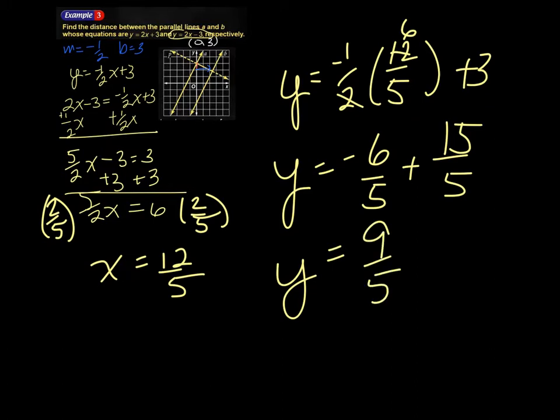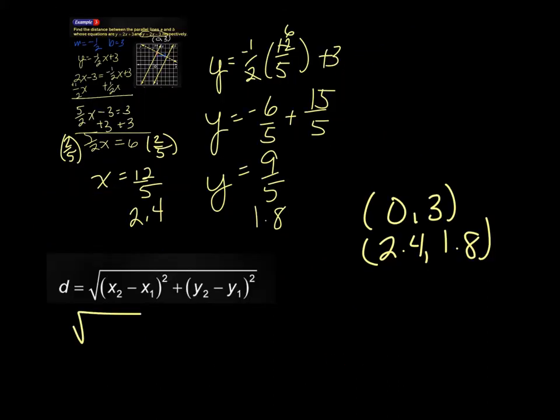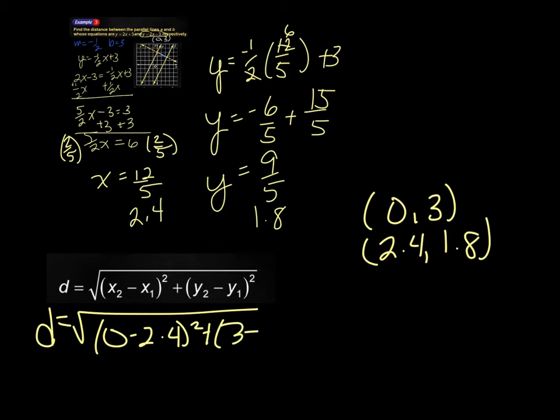Lovely. It might be nicer to have them as decimals. I don't know. Fractions or decimals, it's all the same. Now we need to find the distance between (0, 3) that we had originally and this (2.4, 1.8). So plugging into the distance formula, we have the difference in the x's. So let's go 0 minus 2.4, and the difference in the y's, 3 minus 1.8, squared.